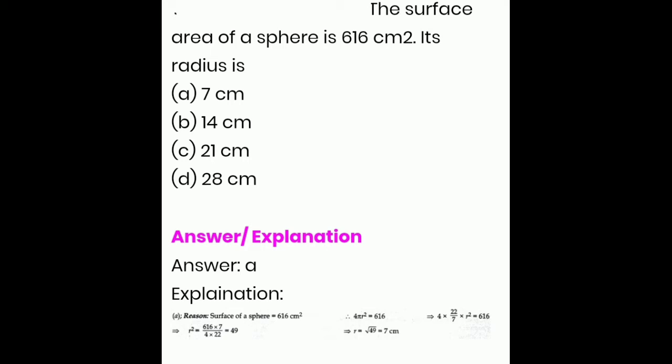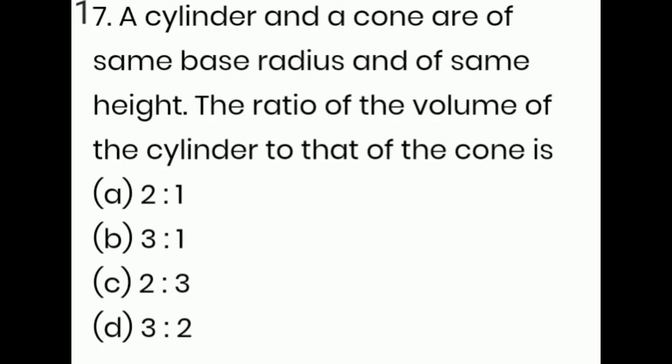So next we have a cylinder and a cone of the same base radius and the same height. The ratio of the volume of the cylinder to that of the cone is. So we want to find the ratio between the volume of the cylinder and the volume of the cone.